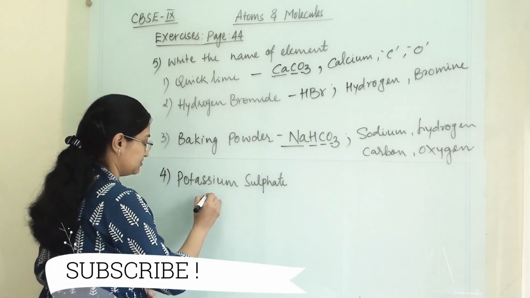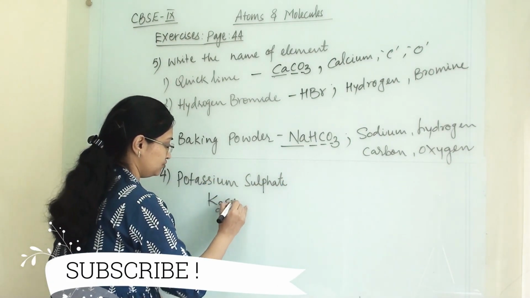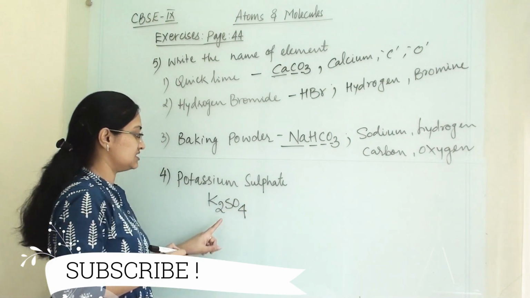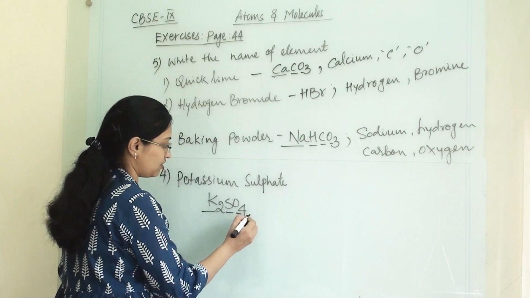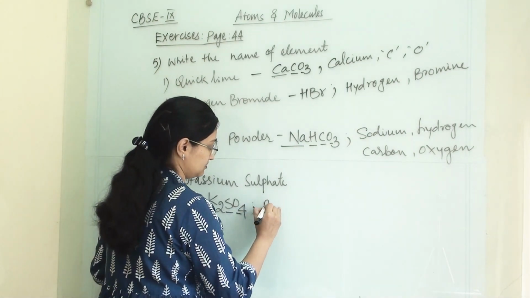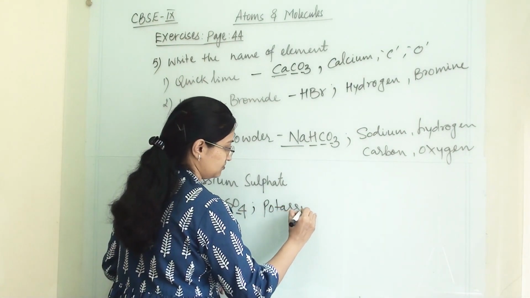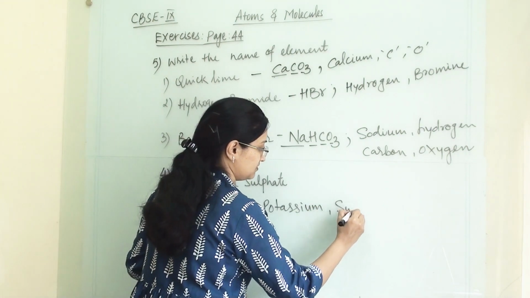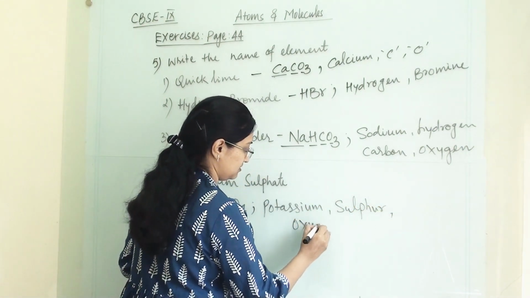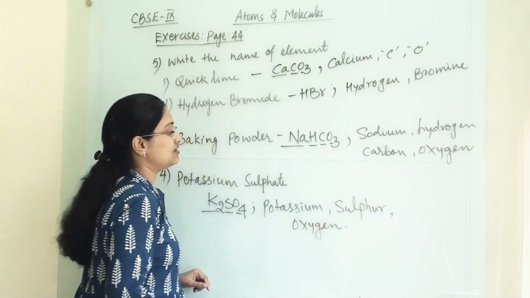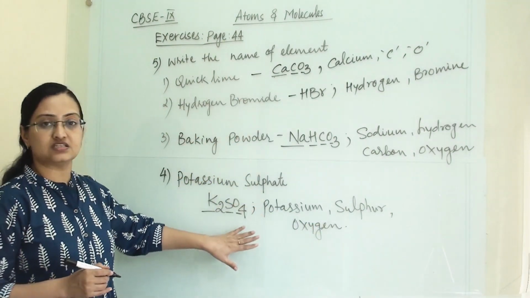Potassium sulphate. It is K2SO4. This is a compound. In this, potassium, sulfur and oxygen are present. So first is potassium, then sulfur and then oxygen. These are the names of the elements present in this compound.